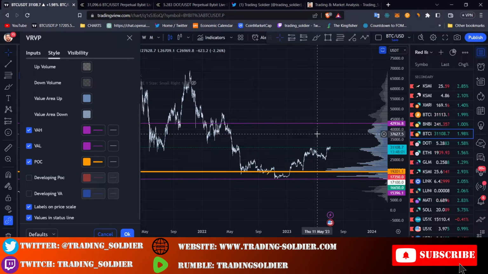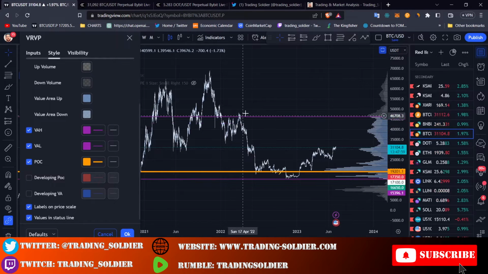The VAH is the value area high, and it is this purple line in the upper side of the chart. And we also have the VAL, the value area low, which is this purple line in the bottom side of the chart.